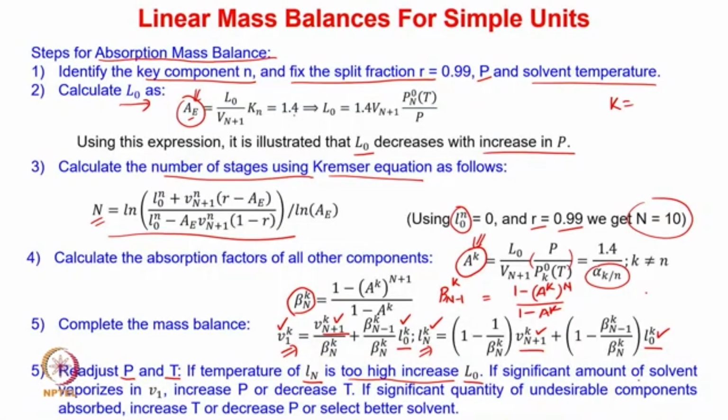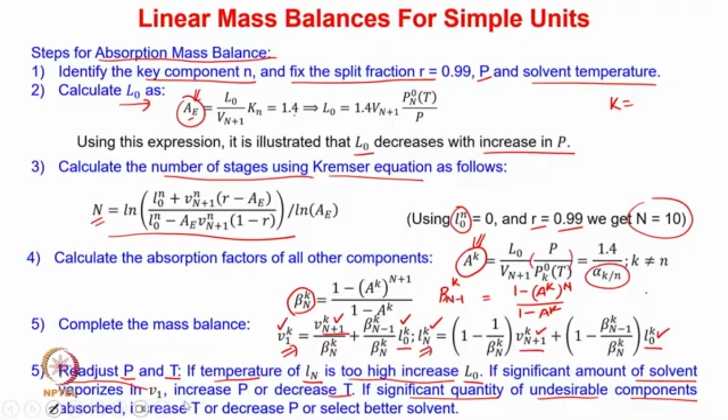If a significant amount of solvent is getting vaporized in the absorption unit, isn't it? So outlet is V1. So if a significant amount of solvent is vaporized, clearly in that case we have to increase the pressure and decrease the temperature. Another case could be if a significant quantity of undesired components are absorbed.